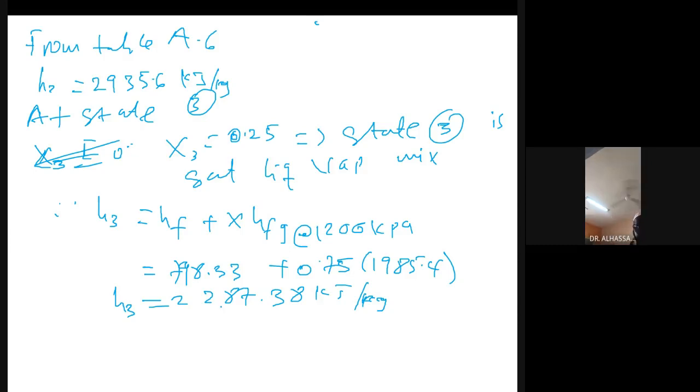Now we can determine the value for Y. Therefore Y equals H3 minus H2, divided by H1 minus H3.